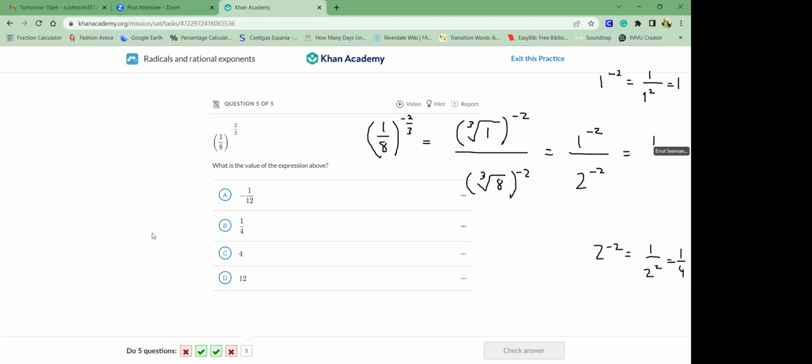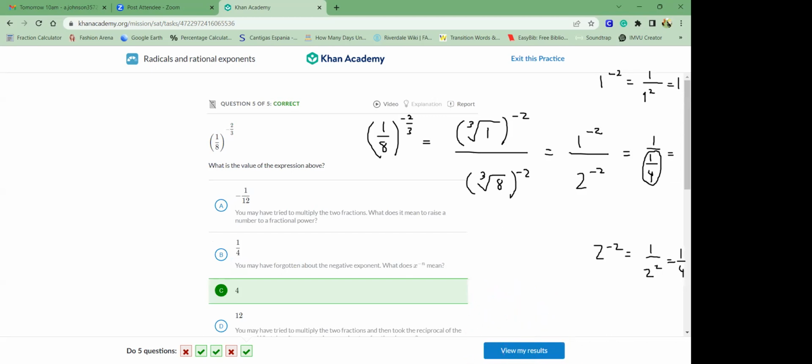So this is 1 over 4. How many quarters are in 1? 4. There you go, 4. Okay, so the idea is just to simplify. The hardest part on that question is just rewriting the numerator as that and rewriting the denominator as that and then simplifying. As long as you follow your exponent laws, you'll be okay.